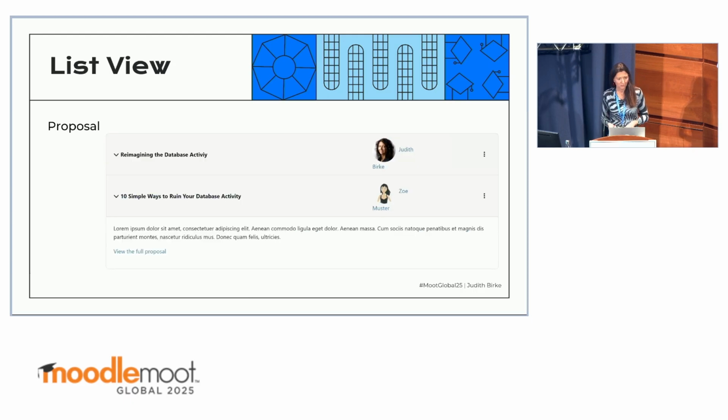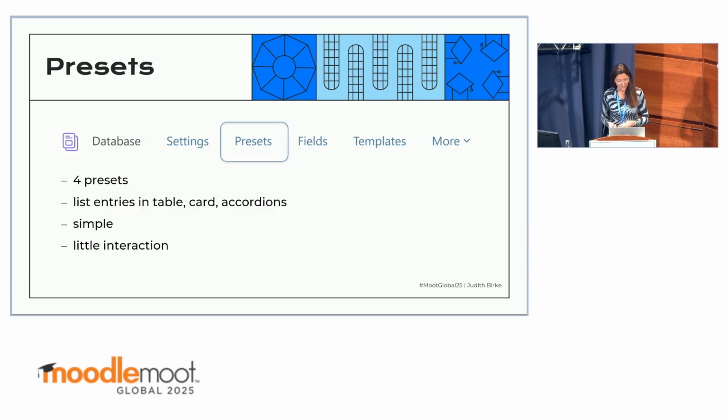And if you use the proposal, your entries will be arranged in an accordion. Now, these 4 presets all list your entries, the title, the text, the images that you use, in cards, tables, or accordions. They're very simple, and there's no interaction, or very little interaction going on.